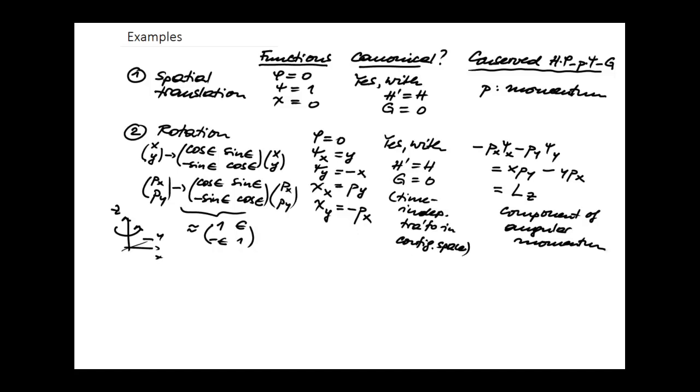Now, if you have complete rotational invariance, if you have isotropy, so you can do arbitrary rotations around all the axes, then all the components of angular momentum are conserved, and therefore the angular momentum vector is conserved. So rotational symmetry is associated with angular momentum conservation.